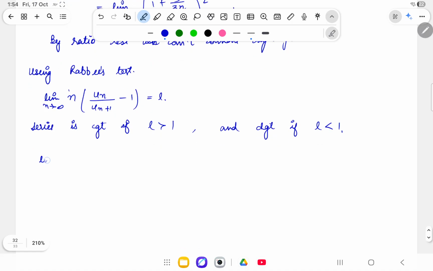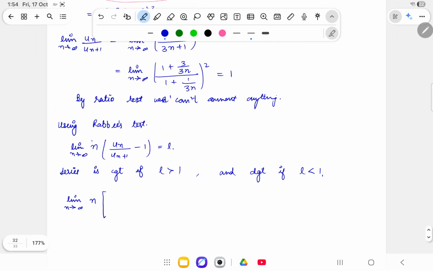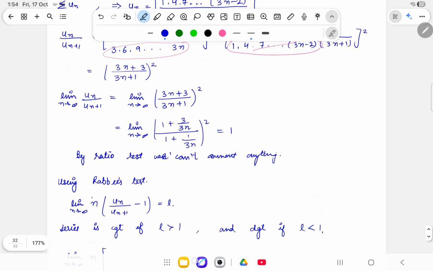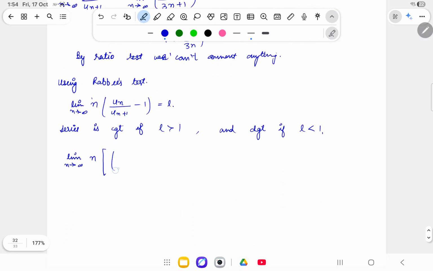So it will be limit n approaches infinity n times, we have already found out this term, that is un by un plus 1, so it is 3n plus 3 by 3n plus 1 whole square minus 1.